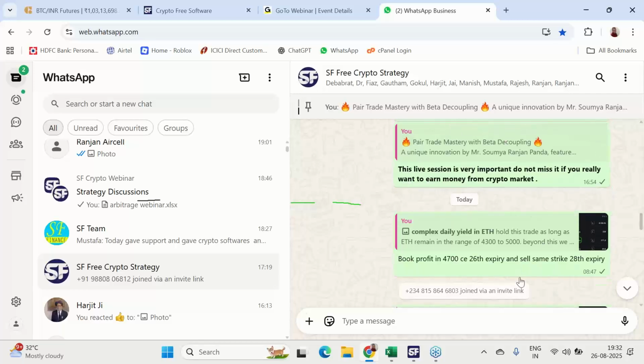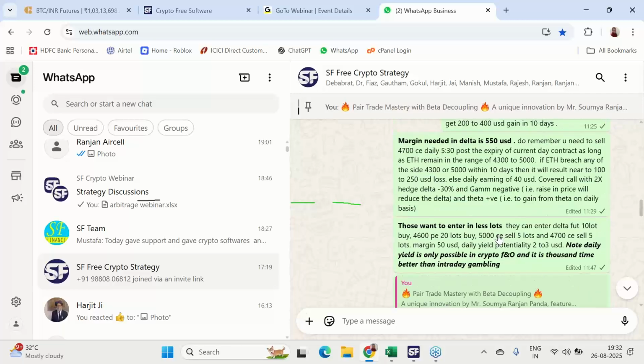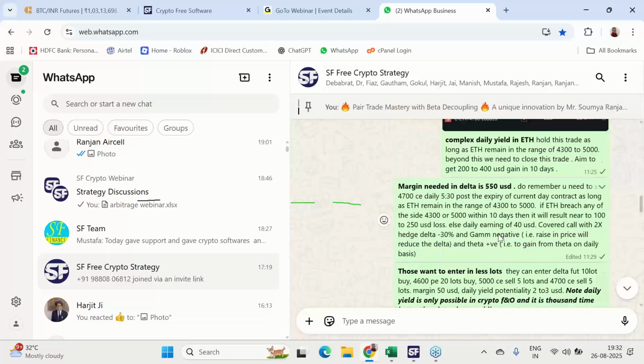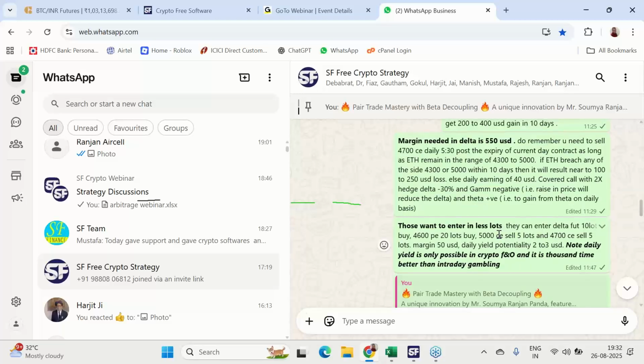All these things we are doing here, and complex daily yield strategies we are going through, because we are dealing with one instrument which has a volatility beyond our imagination. It is 60, 70, 80% volatility that is involved in this instrument. Whenever volatility increases, it gives you two kinds of things. One, it is a challenge. Second, it creates a huge opportunity. All these things are being tested here.